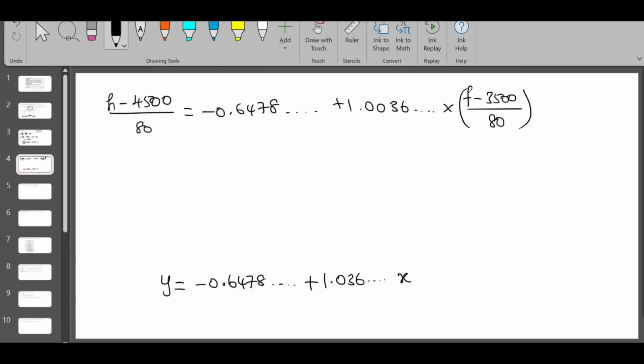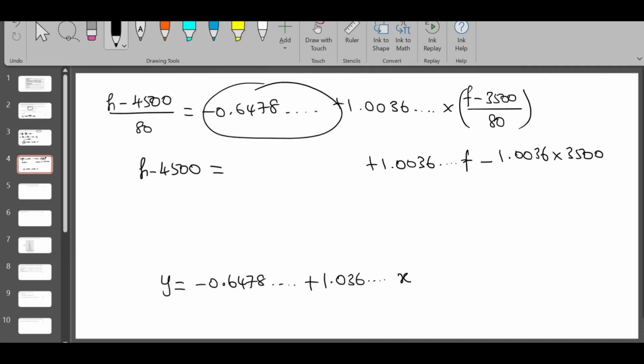Now we have to make H the subject. So first thing first, I'm going to multiply throughout by 80. So H minus 4500 is equal to, here I'm going to get 1.036 dot dot dot F minus 1.036 times 3500. When I open the bracket, the 80 will be cancelled.